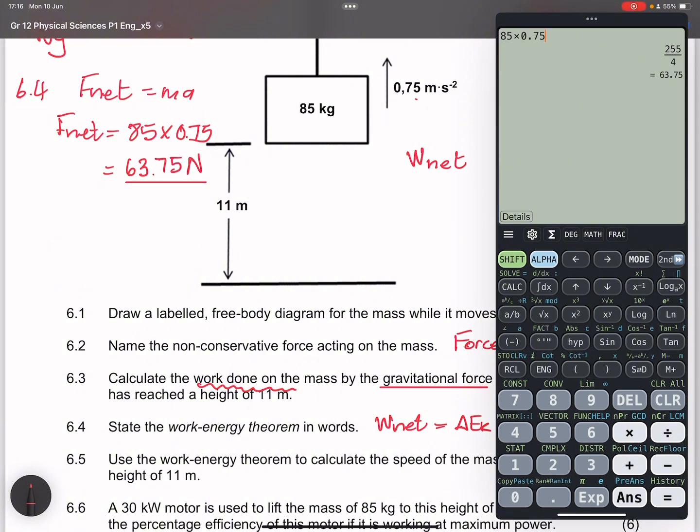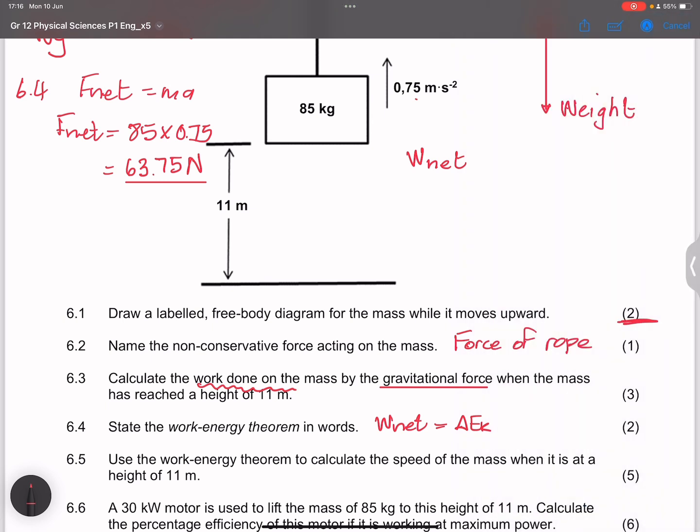So remember, this is the work energy theorem. The net work done is F net times delta x times the cos of the angle. Now what is our net work done? Let me not remove that.